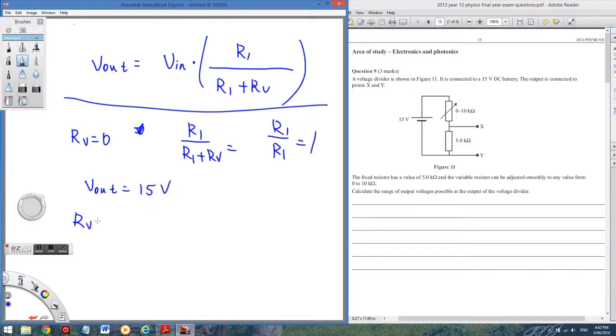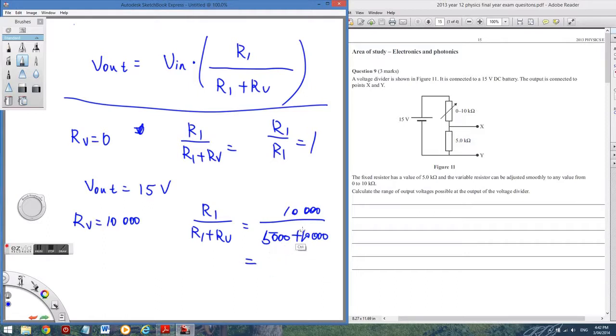So if the variable resistor is 10,000 ohms, then if I do the same thing, okay, substitute all the values in, do the calculation, is going to be 2/3.